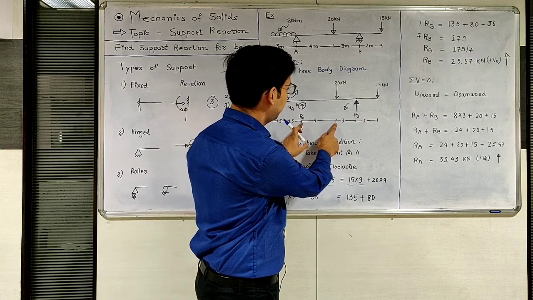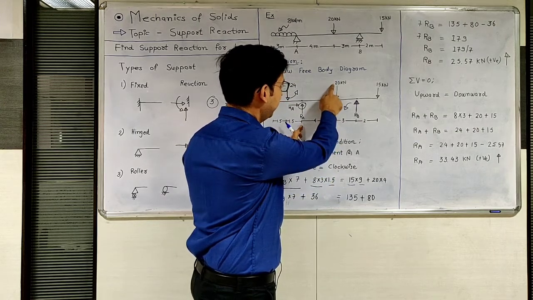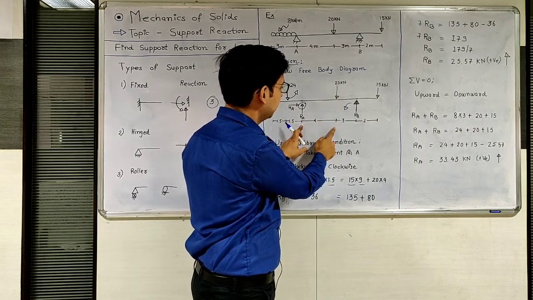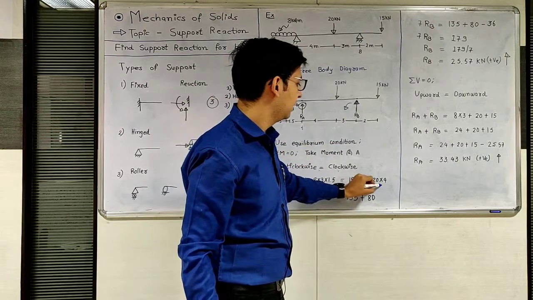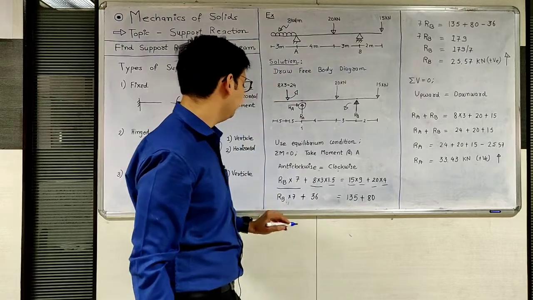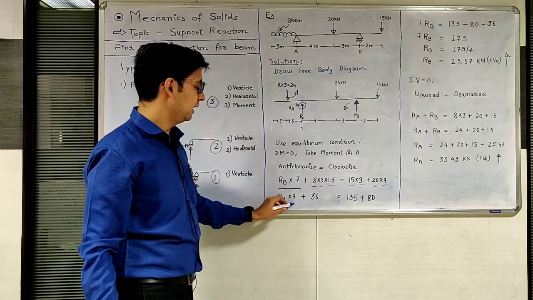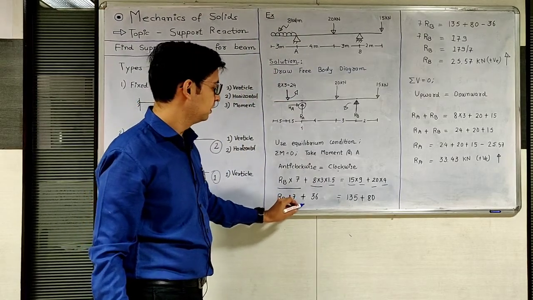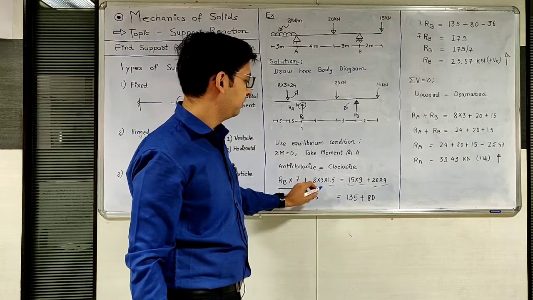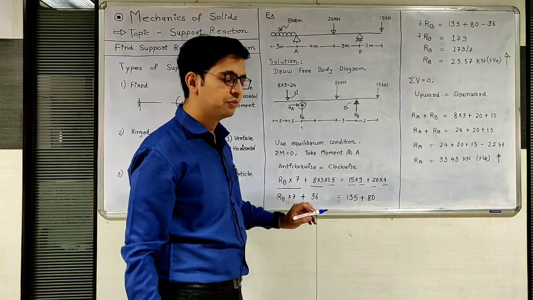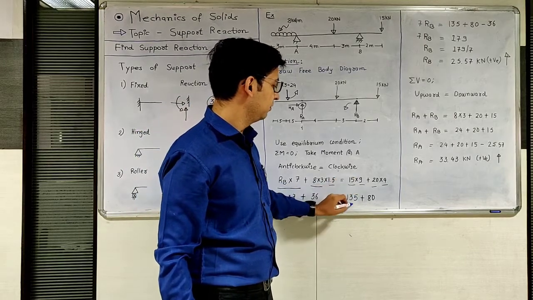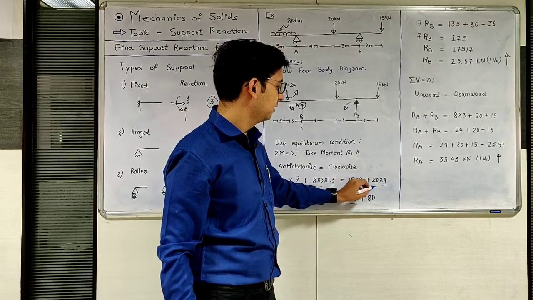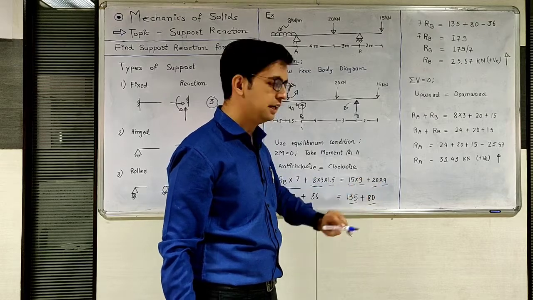We are taking moment about A, so the perpendicular distance of the 20 kilonewton about A is 4. So 20 into 4. So now RB into 7 plus 8 into 3, 24, into 1.5, 36, equal to 15 into 9, 135, plus 20 into 4, 80.